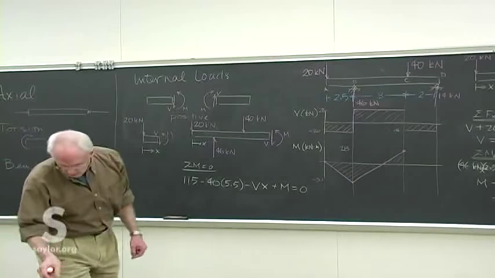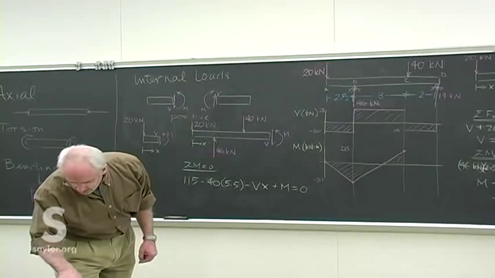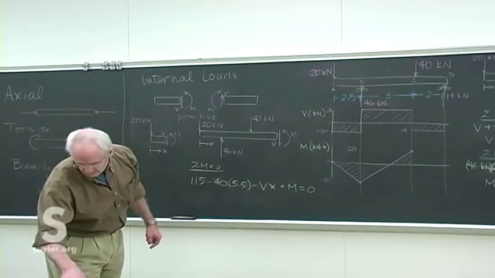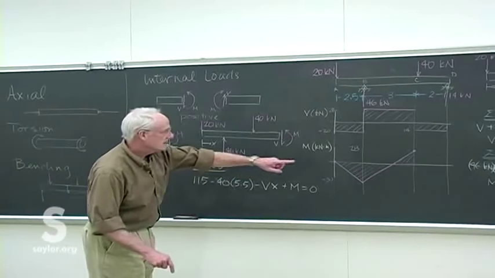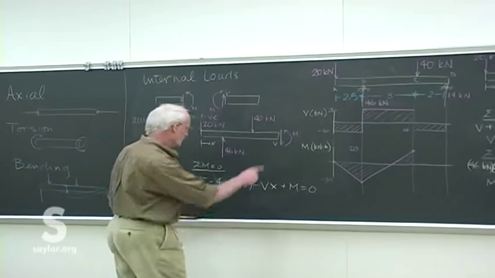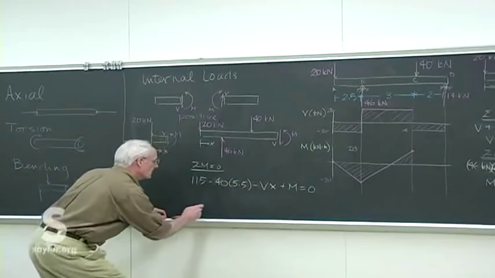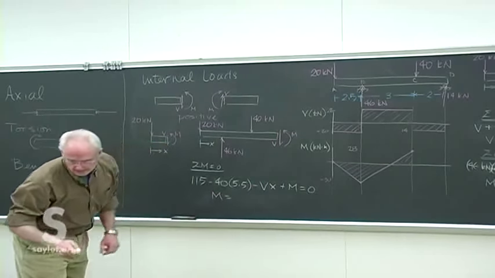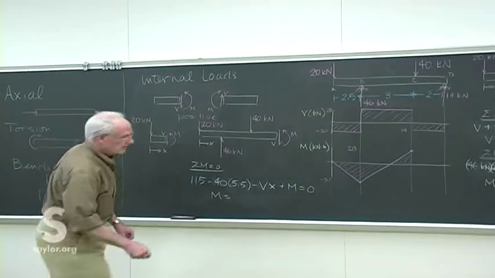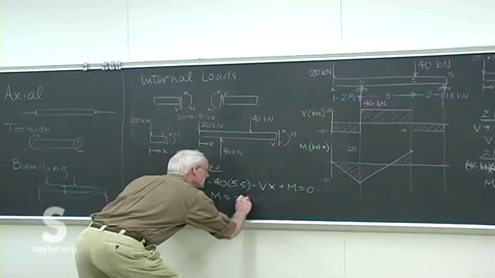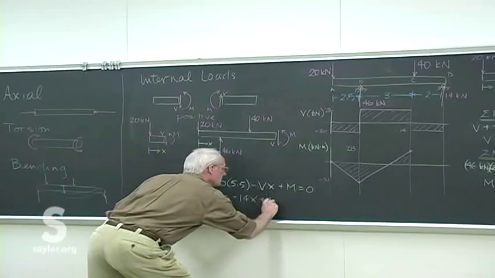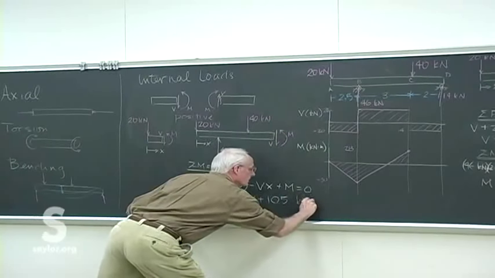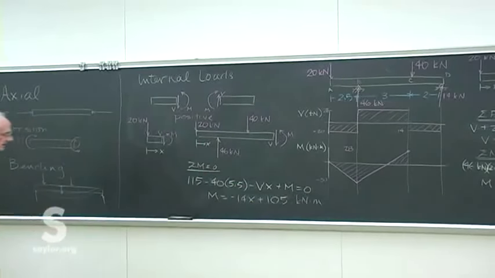And so all those numbers come out to be, I think if we put them all together, let's see, the V is minus 14. So when we solve for it all, I believe we get minus 14x plus 105 kilonewton meters.